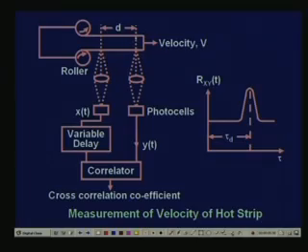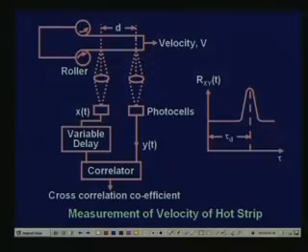We can also have detectors which are sensitive to certain narrow wavelength bands. So, if the hot strip is not radiating in that band, then we do not have any interference from the radiation of the hot strip. So this must be remembered. Having said that, let's look at the setup.